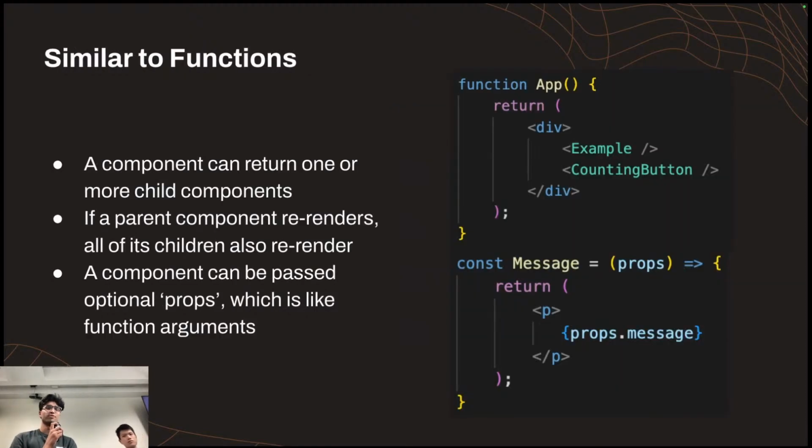React components are similar to functions, and a function can return one or more child components. If a parent component re-renders, all of its children also need to re-render. And a component can be passed optional props, which is short for properties, like function arguments.